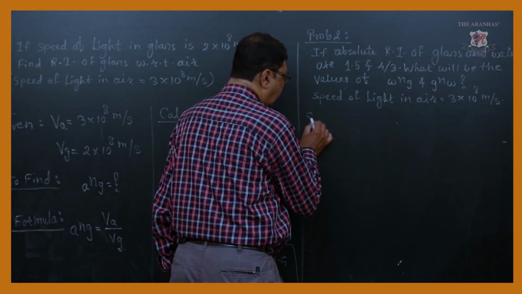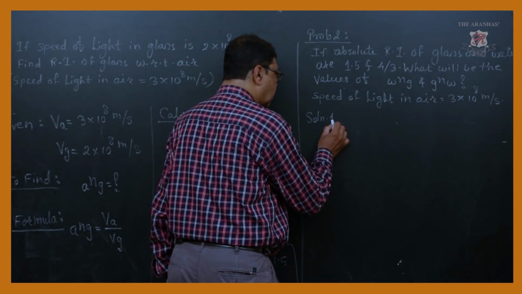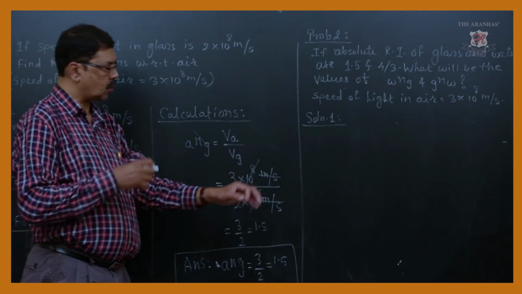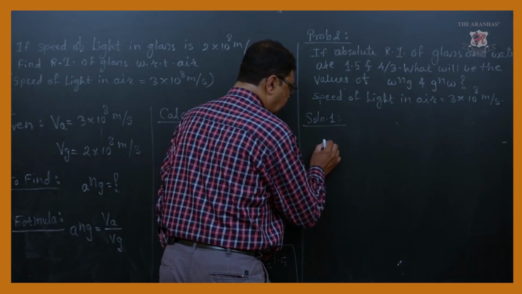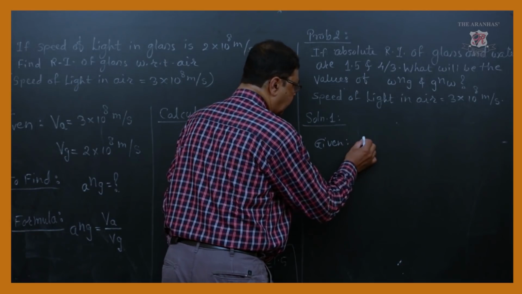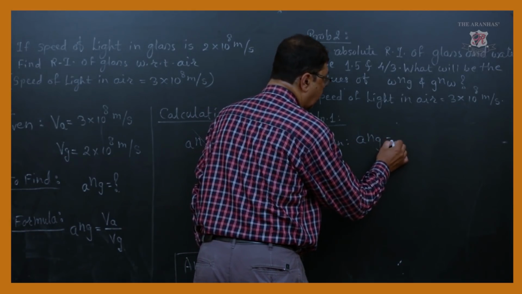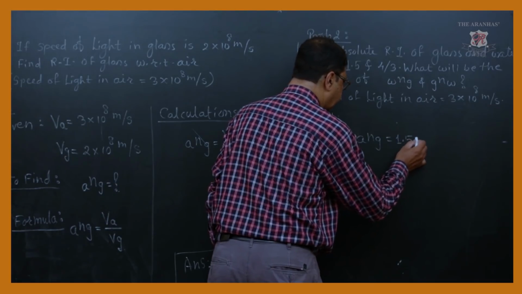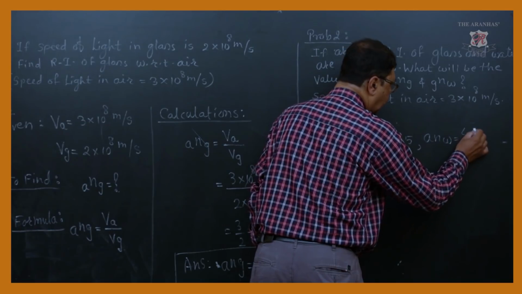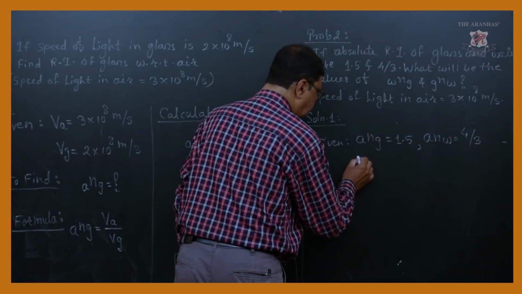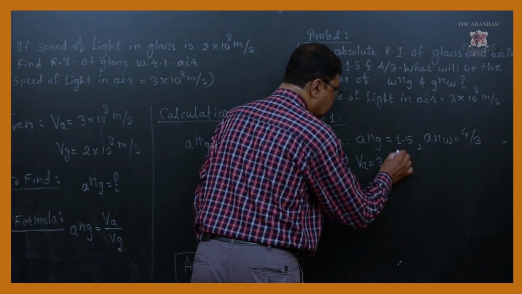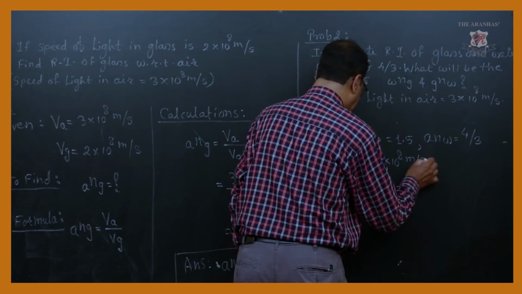So solution 1 I will write here, don't get confused. Solution 1 is based on the basic principles, so that is what I am trying to do. What is given? Given is a_n_g equal to 1.5, a_n_w equal to 4/3, and Va is equal to 3 into 10 raised to 8 meter per second.